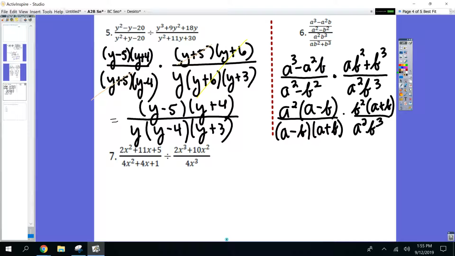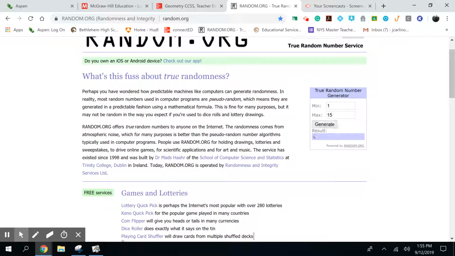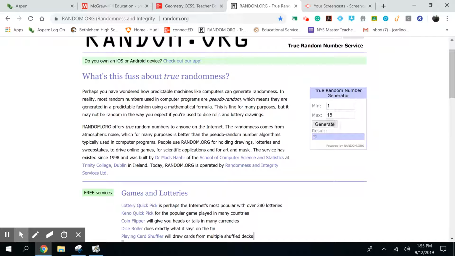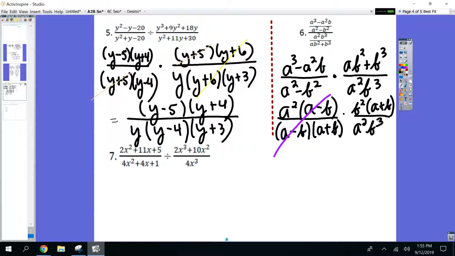Cross out time. First thing you'd like me to cross out? 5 again. Anything else you'd like me to cross out? 7.